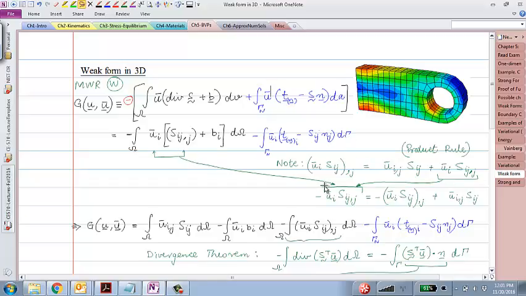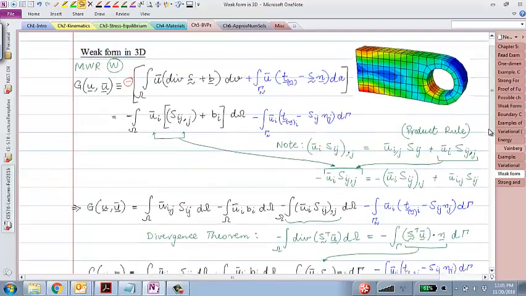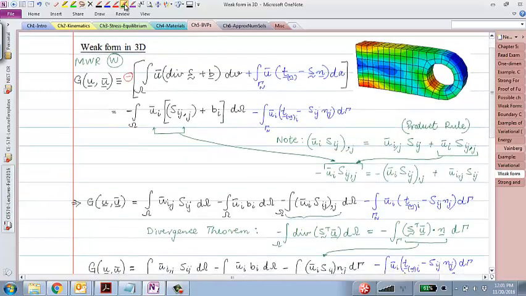And after that, I'm again going to do integration by parts. To be able to do integration by parts, what I'm doing first of all is to try to express this term using the product rule of differentiation on these two terms, u bar sigma.